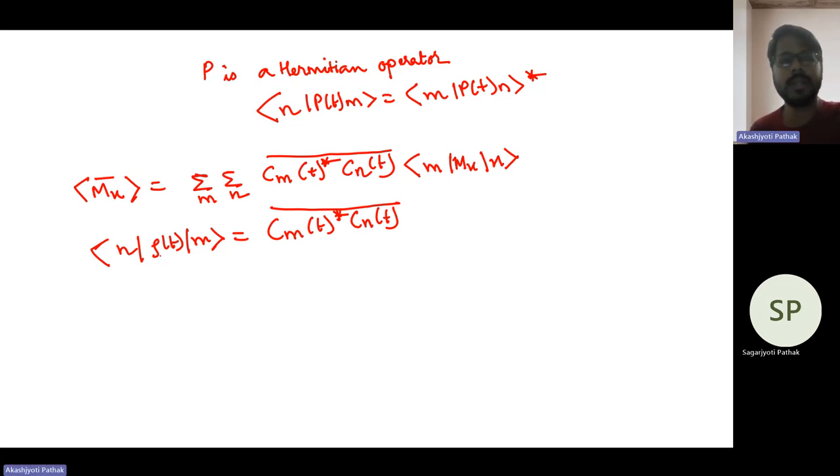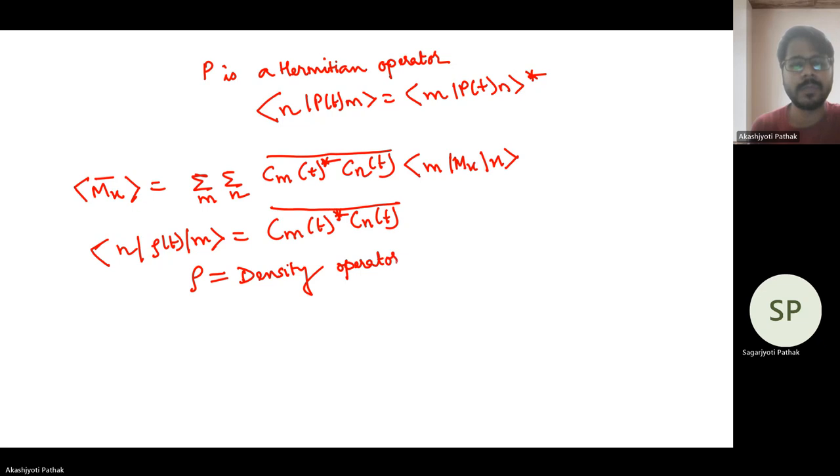This operator rho is called the density operator. Okay, this concept is clear now.